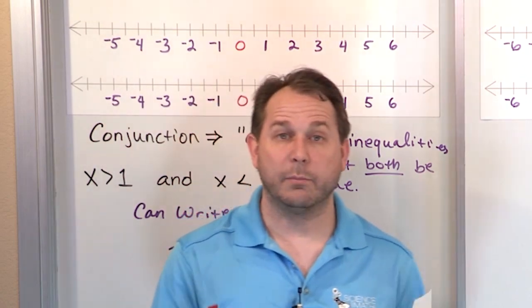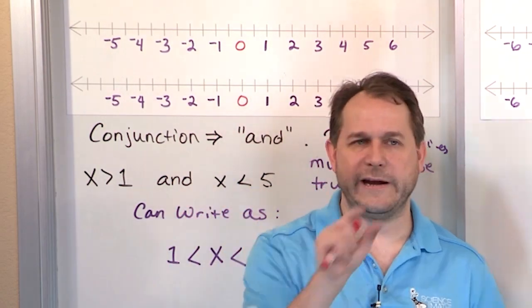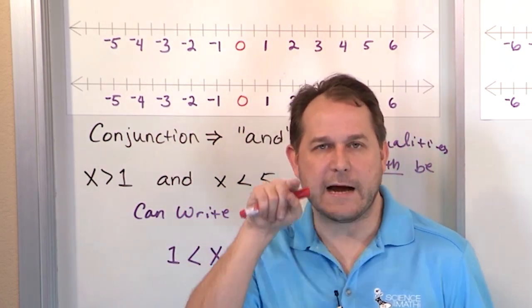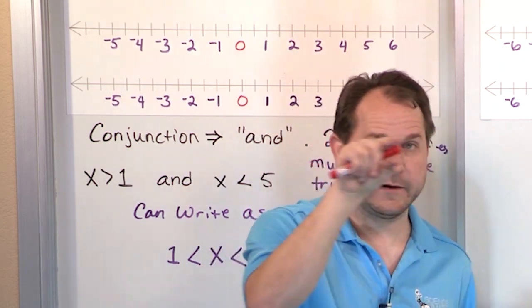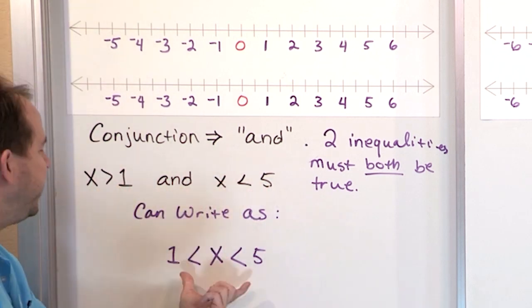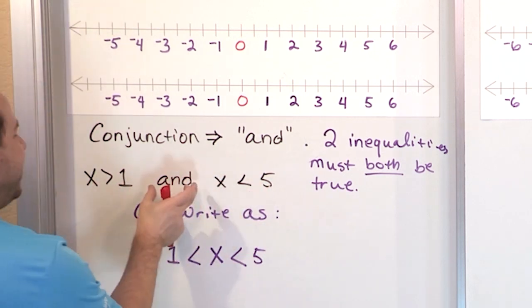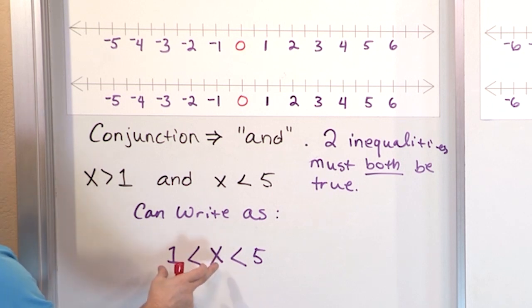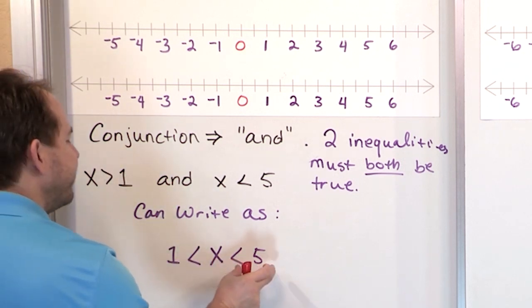So when you see a double inequality, never, ever, ever read it from left to right. Focus your eyes in the center and read it to the left and then read it to the right. And that basically covers everything here. And when you see a double arrowhead like this, it means they're anded. This is greater than 1 and this is less than 5.